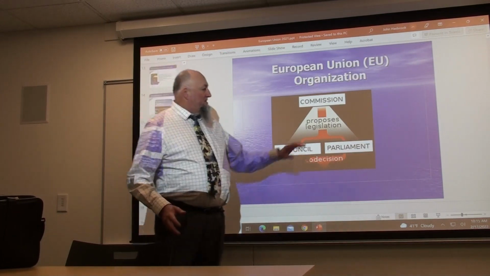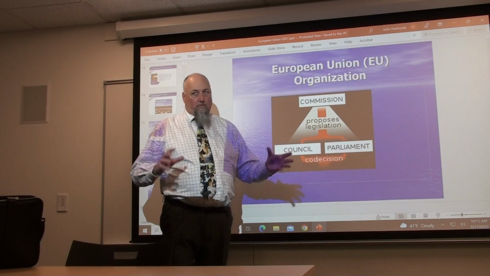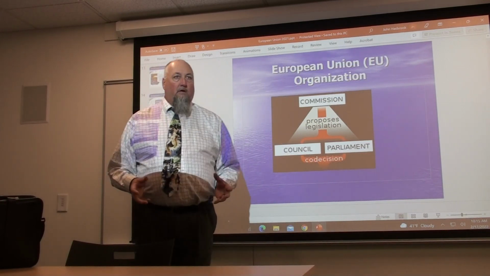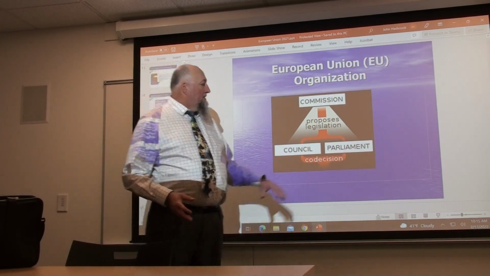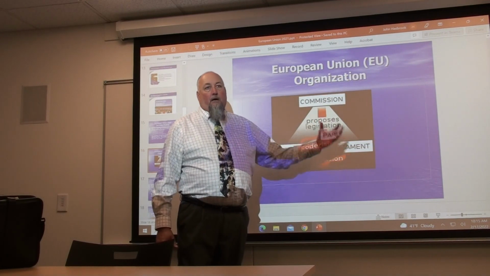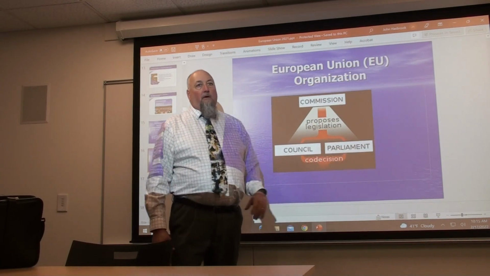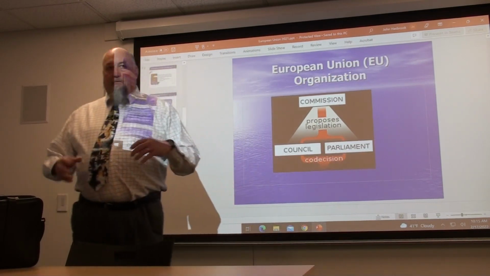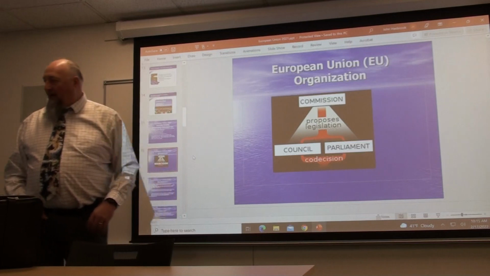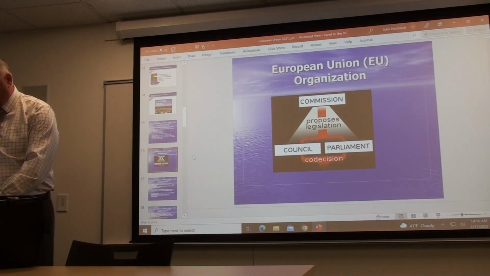Now when we talk about that supranational component of the EU as an IGO, this is where we see a difference from other IGOs because of this legislative power and the direct involvement of Parliament, the elected branch, representatives elected by the residents.